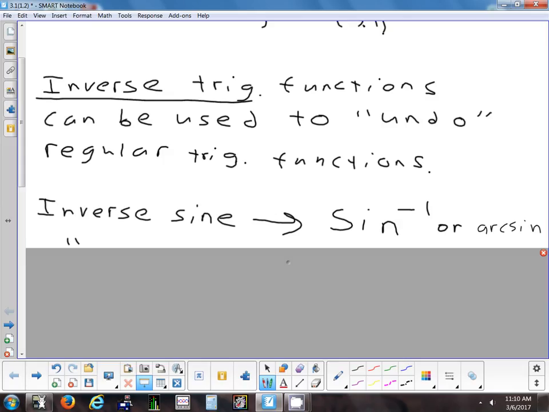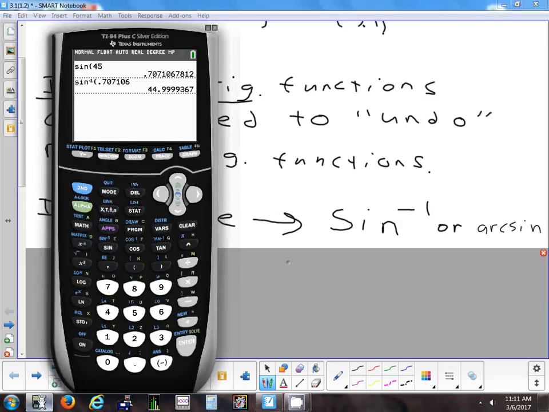Just think of it as the symbol for inverse sine. And then another, older way of writing it, which you don't see as much, is arc sine. So if you ever saw the word arc sine, it means exactly the same thing as sine with a -1. And you probably noticed it on the calculator. The calculator uses the -1 when you do inverse trig.